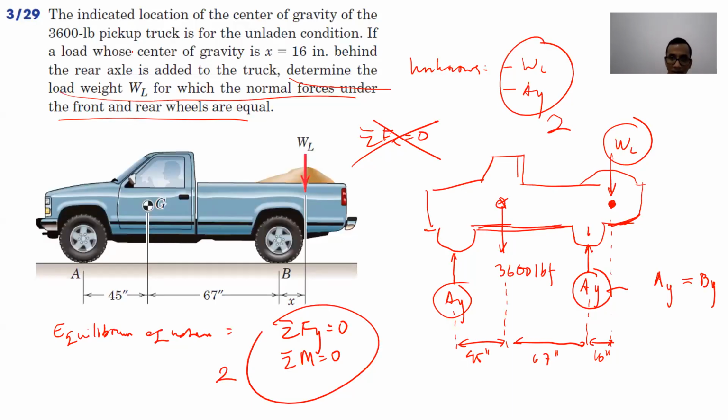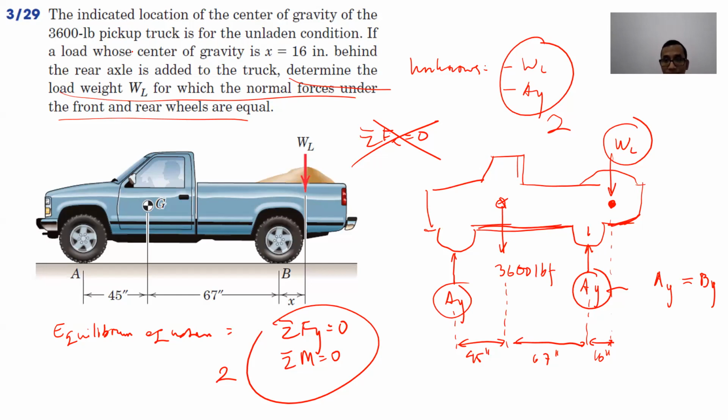Jadi kita pakai sigma moment di WL sama dengan 0. Oke, sekarang persamaannya jadi gimana? Sigma moment sama dengan apa aja?